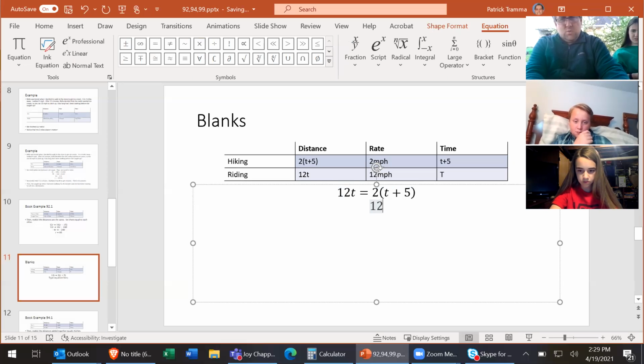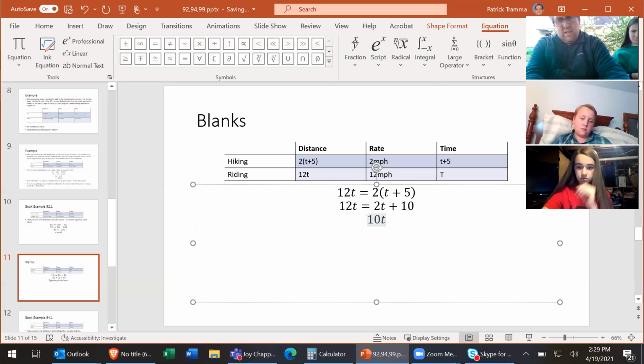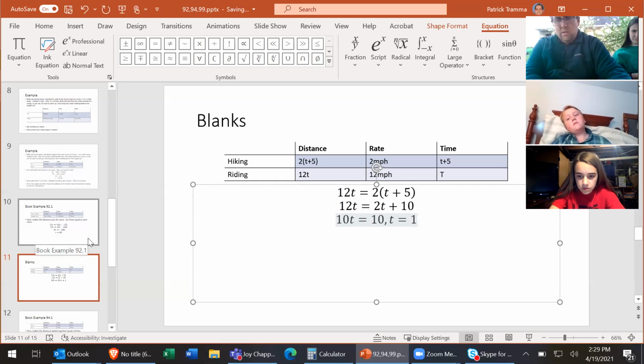Okay, so that's 12t equals 2t plus 10, or 10t equals 10, or t equals 1, right? That means it took 1 hour to ride back and t plus 5, or 6 hours, to go there. Right? Does that make sense?